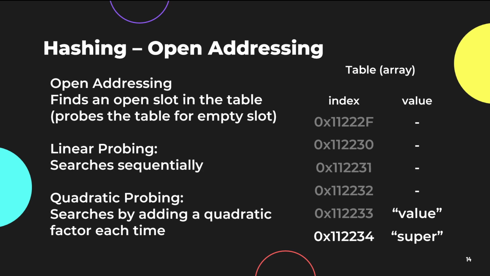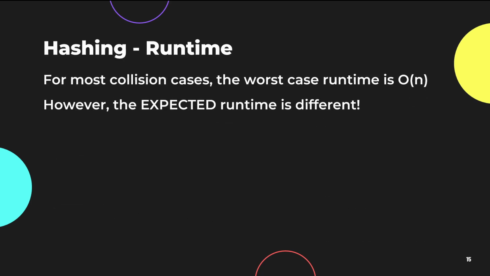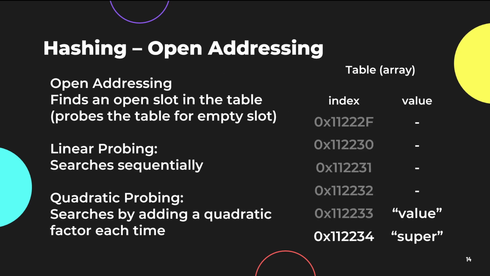So far, any questions? Doubts? No? Okay. Now what about the runtime of hashing? If you see from the previous examples, every time you have a collision, if you do a linked list, there might be a possibility that everything will collide there. Or if you do open addressing, for example here, you have a value here, and everything below is occupied.